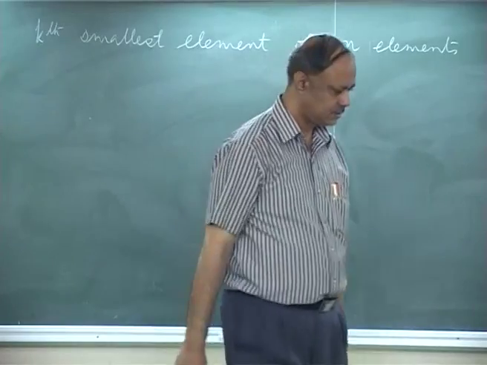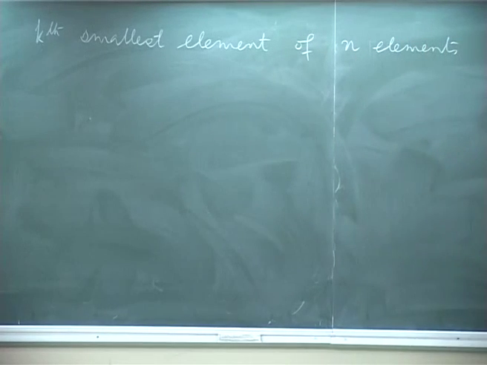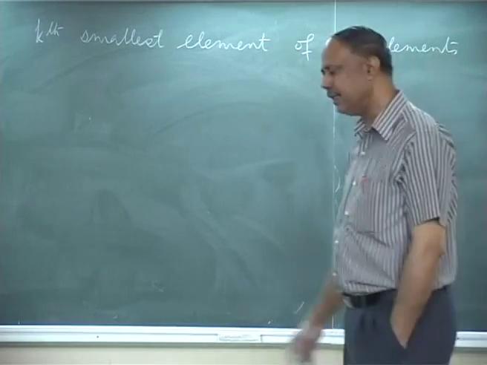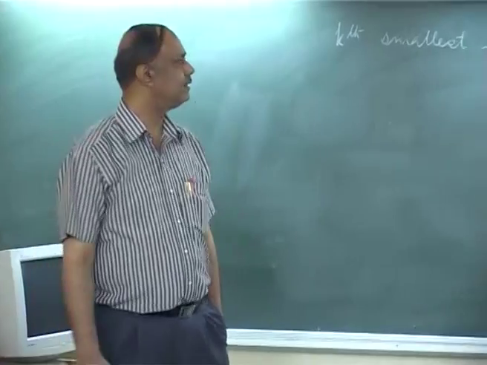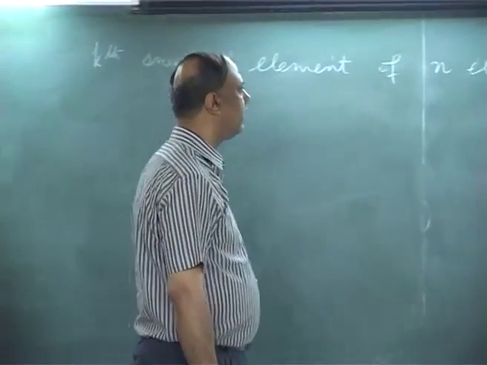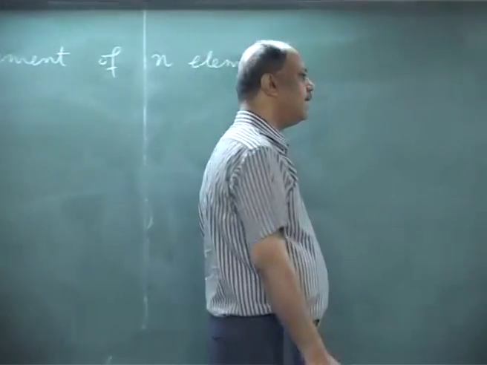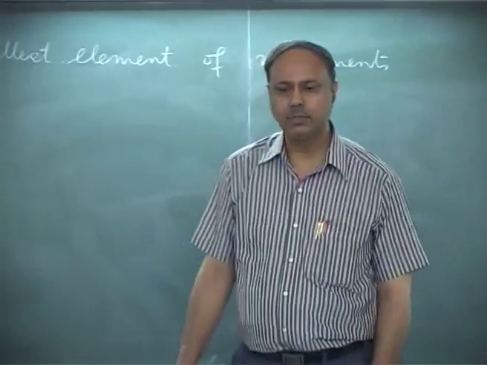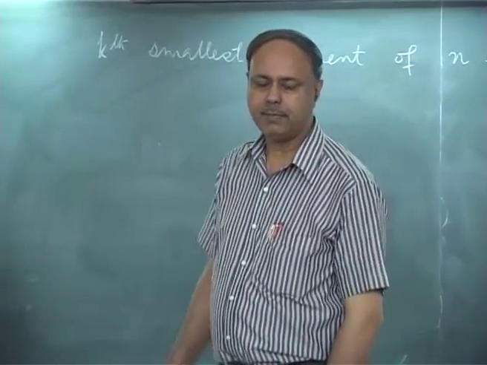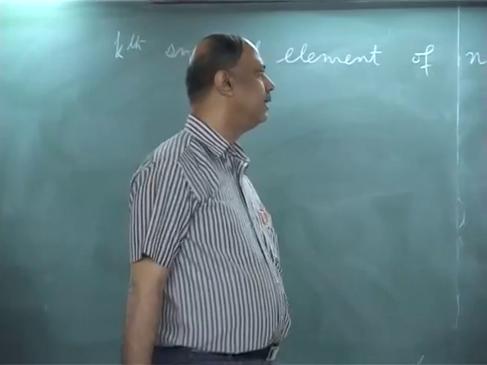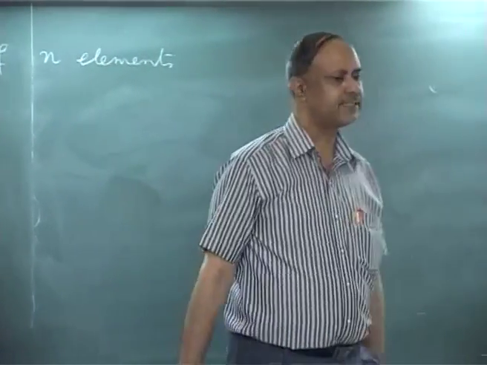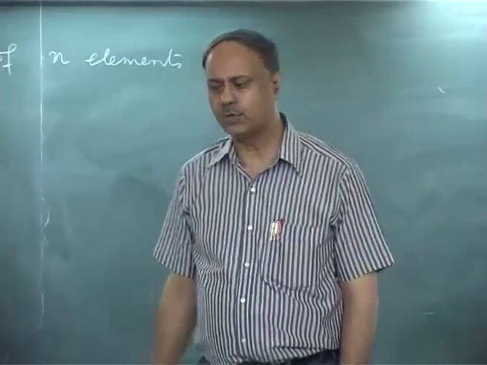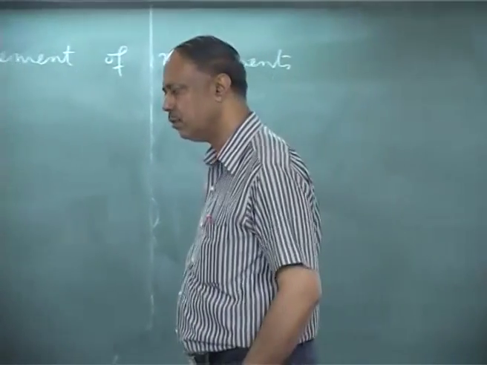See, one way is that you first find the minimum element, then you find the second minimum element, then you find the third minimum element, and so on. Instead of doing that, let us think from this point of view that you have the n elements. These n elements are divided into n by 7 groups, and each group has 7 elements, except possibly the last group, which may have 1 or 2 or 3.